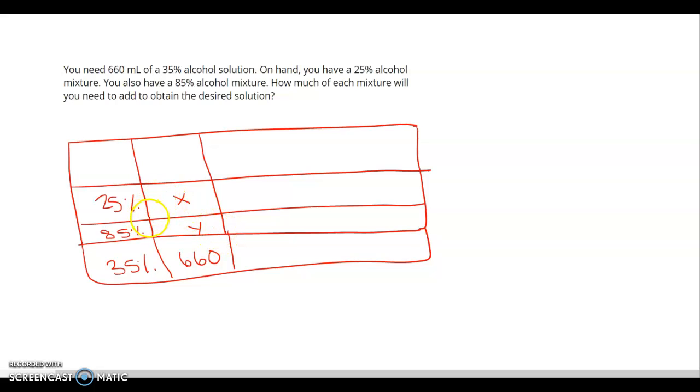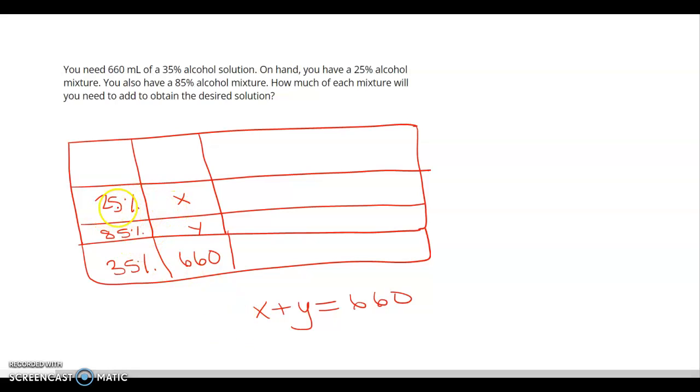So we can add these together and say, okay, X plus Y is going to equal 660. So many milliliters of the 25% solution is the X, so many milliliters of the Y solution, which is 85%, will equal 660 milliliters total.